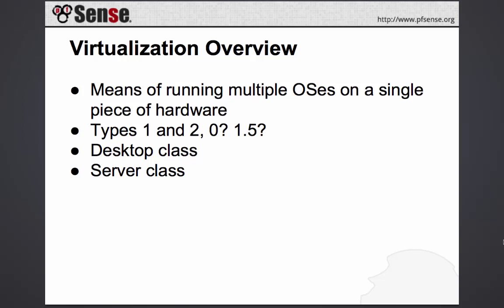I've basically split up hypervisors into just 2 different classes: desktop class systems and server class ones. The desktop class ones are largely only suitable for testing and development kinds of uses, and server class is more if you want to actually put a virtual firewall in production. That's the appropriate type of hypervisor to use.